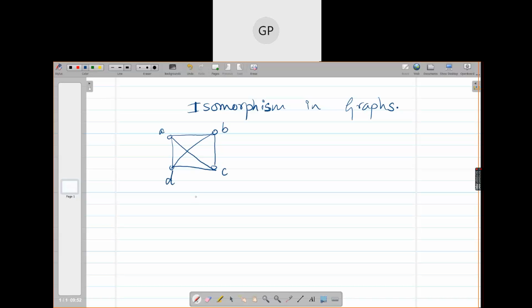It's a complete graph on 4 vertices, and I am drawing another graph, G2. So what you observe, how many vertices are there in G1? 4 vertices.